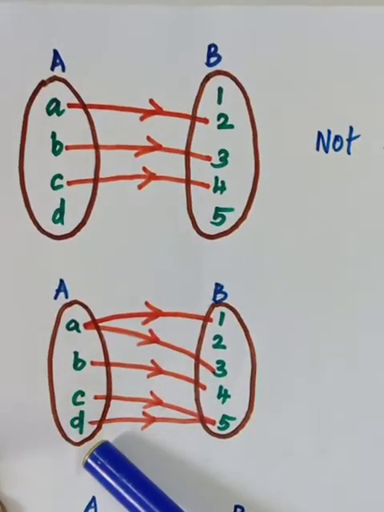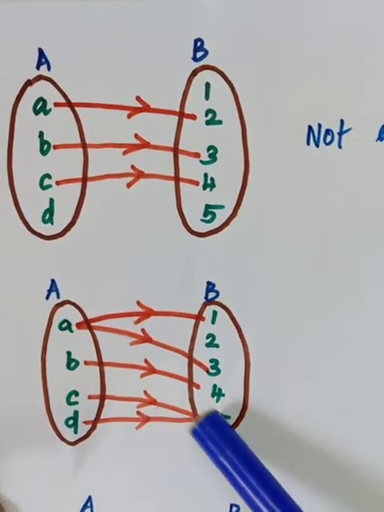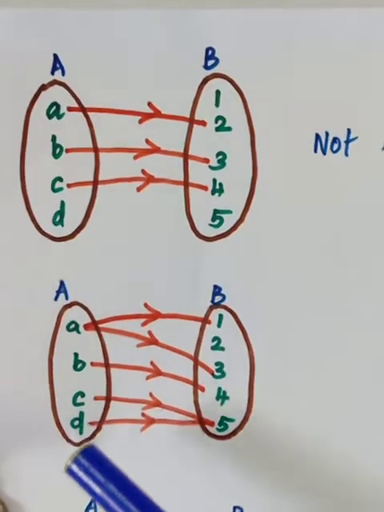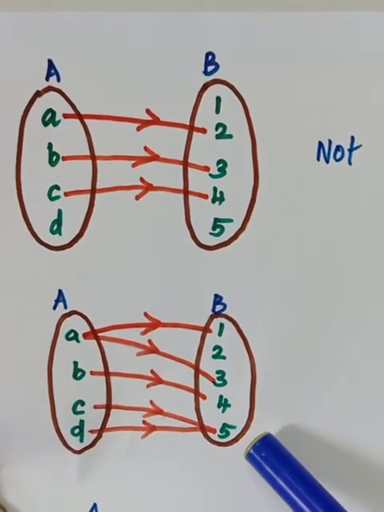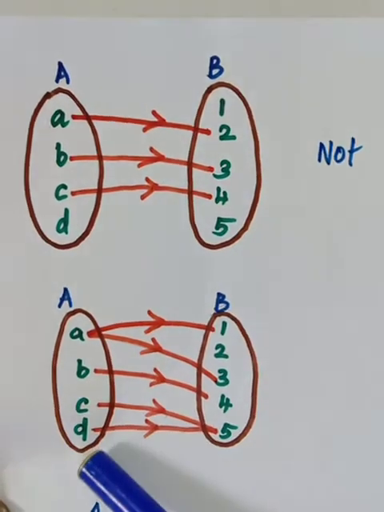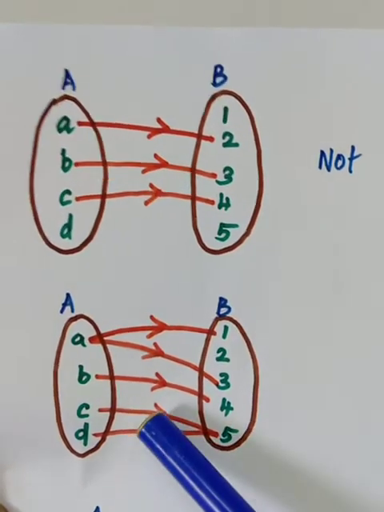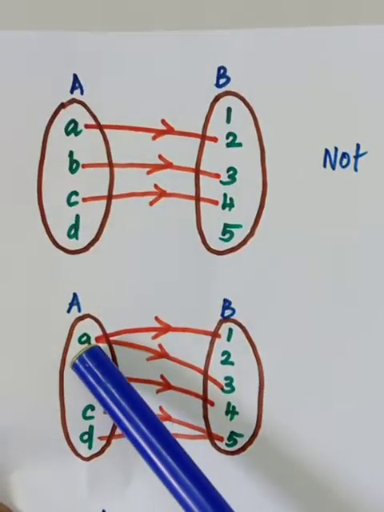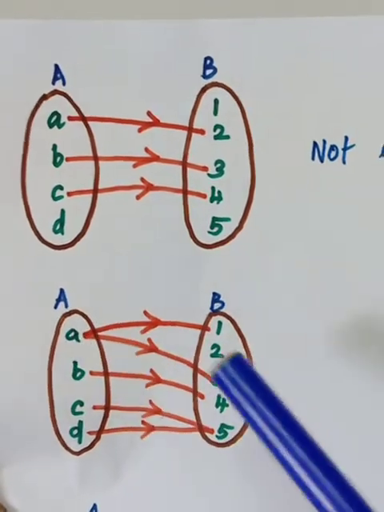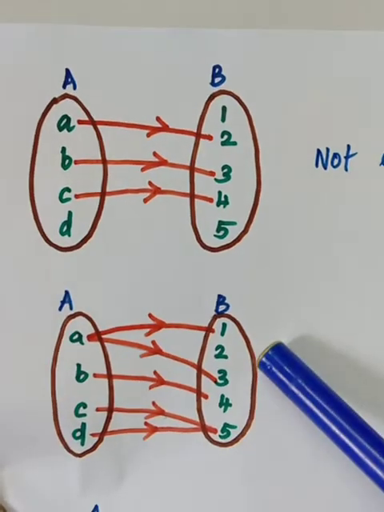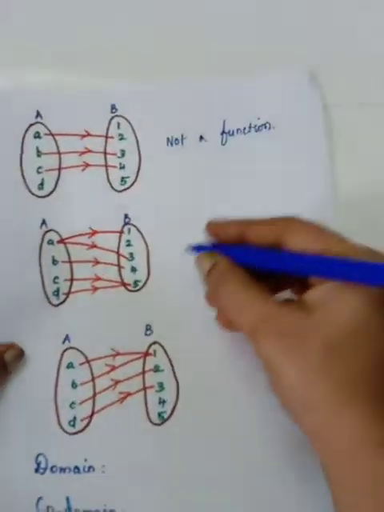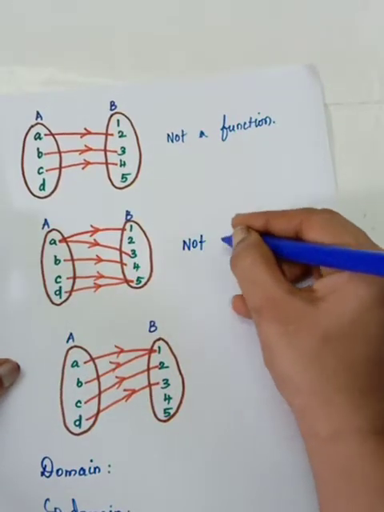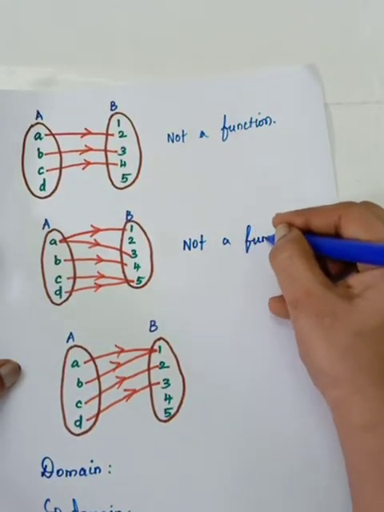Coming to C and D, the element C is mapped to 5 and the element D is mapped to 5. So C and D have the image 5. This is allowed. But the element A is mapped to two elements in the codomain, so the second one is also not a function.